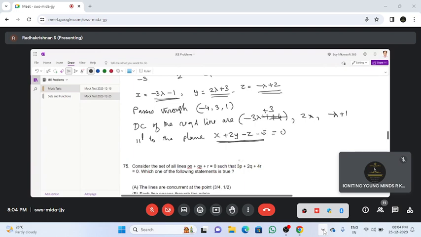It's some vector. These coefficients, that 1, 2 and minus 1, they are the direction coefficients of the normal to the plane.